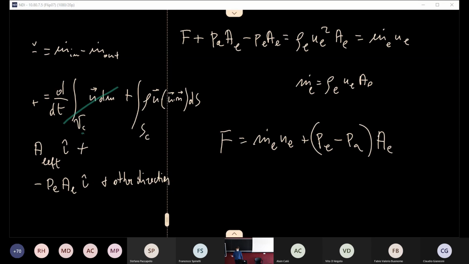And we identify that if we have this jet made by a fluid, which is accelerated, we have two terms, which is the first one, the impulsive thrust here, and the second one, which is the pressure thrust. With a special case when P is equal to PA, we call adapted jet. But we will go back on this.